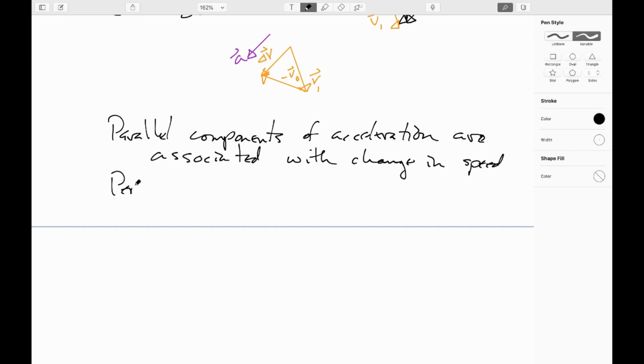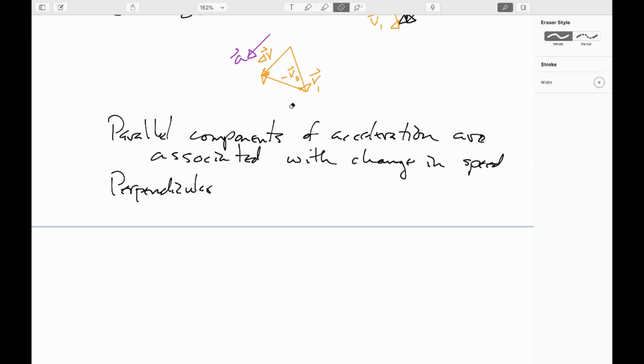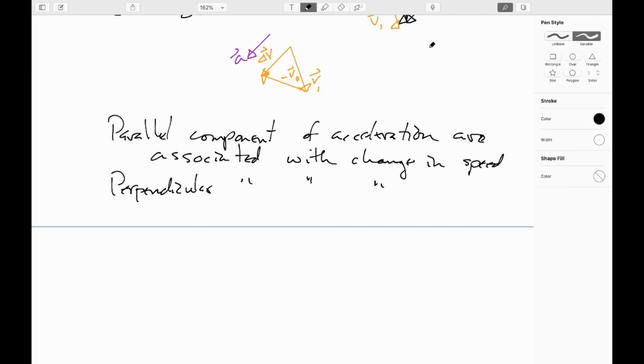And the perpendicular component of acceleration is associated with a change in direction. So that's one of our big takeaways for how velocity and acceleration get related.